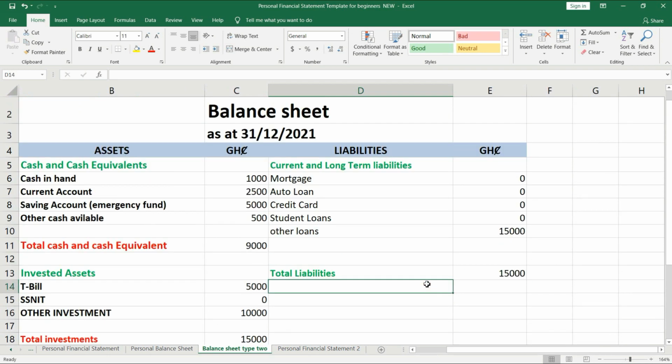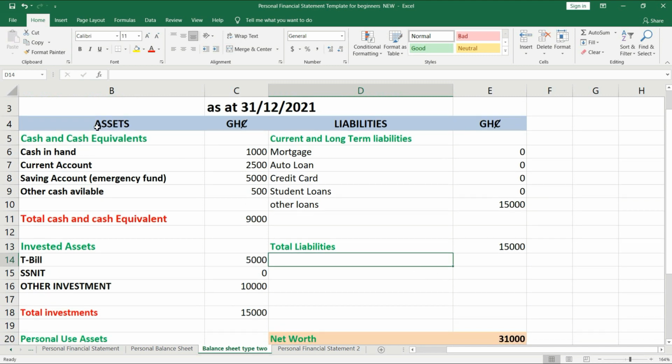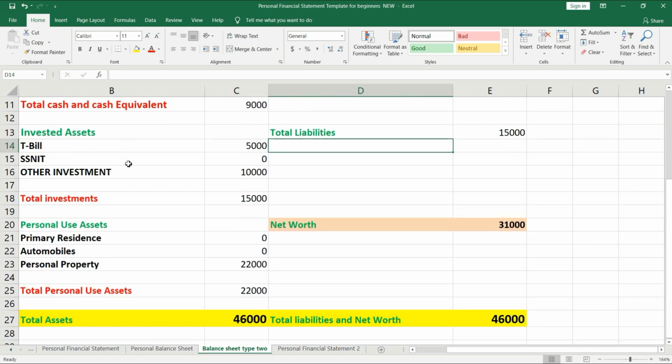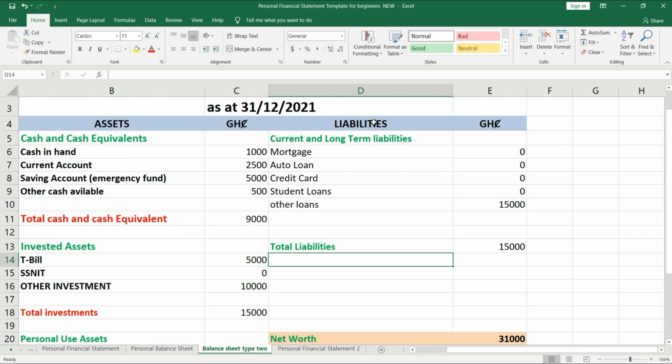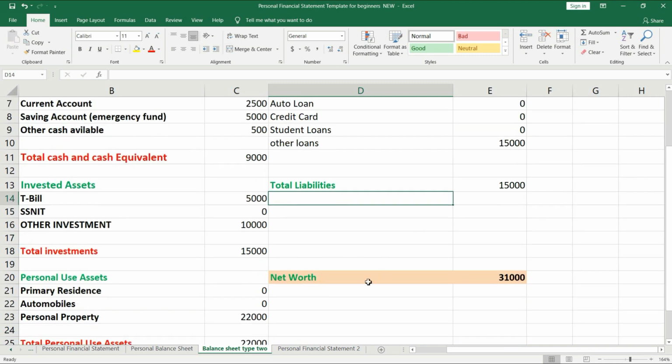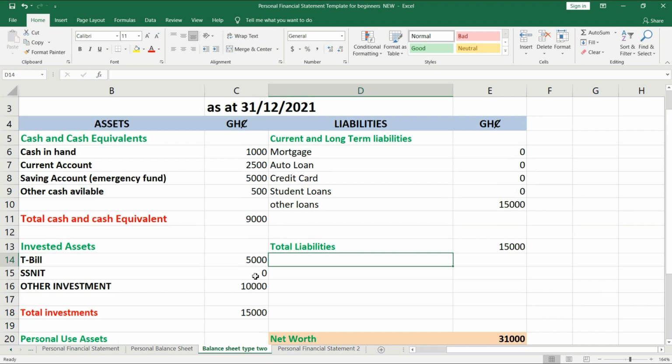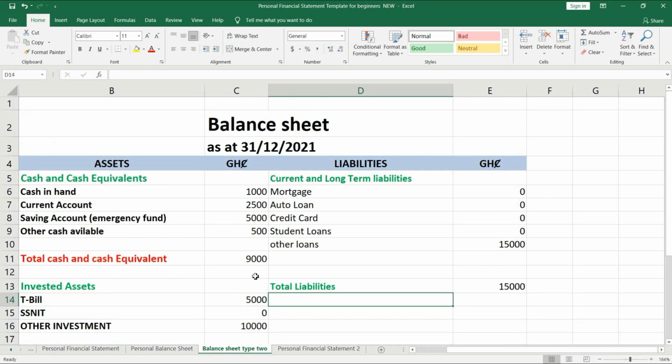So the balance sheet, we have assets in here, we have liabilities in here. You understand? And I told you that your liabilities minus your assets equals your net worth. So when you see a balance sheet, one thing I want you to look at is the period, or the set date, at which the balance sheet was created.